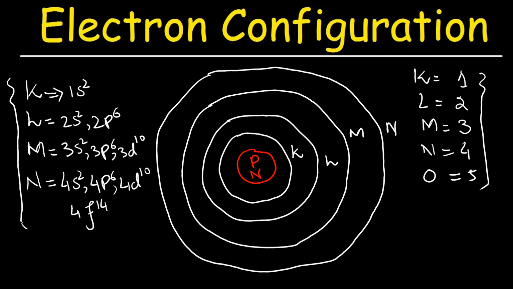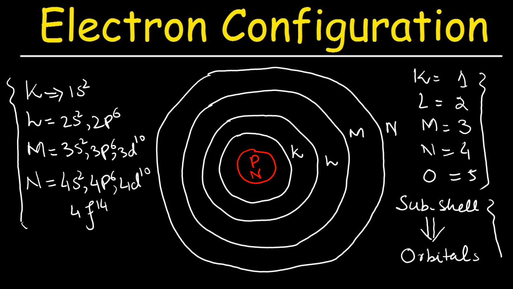Every subshell in an atom has further orbitals, and these orbitals are present inside the subshells. These orbitals basically occupy electrons in spin up and spin down states.